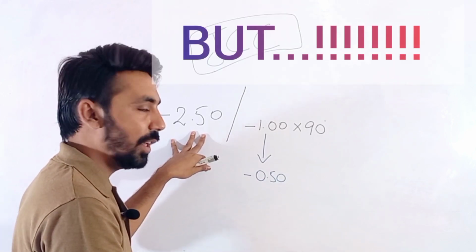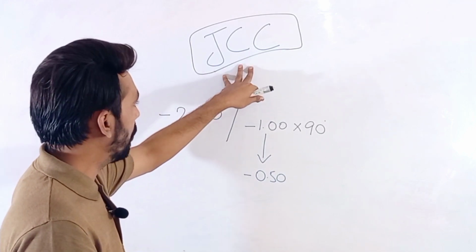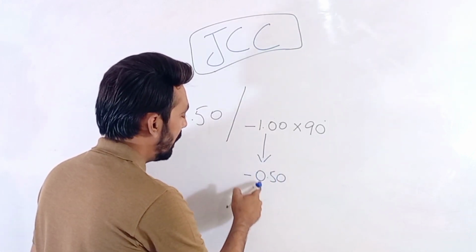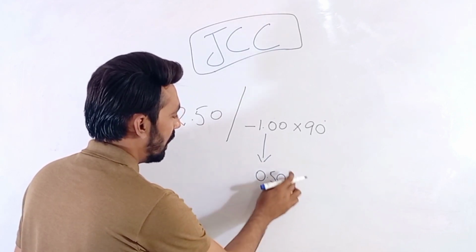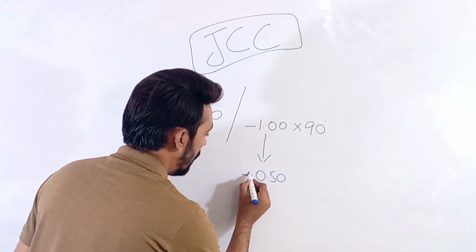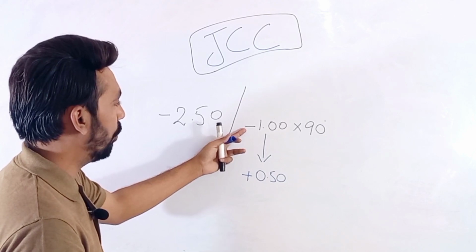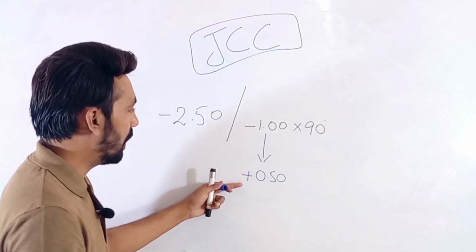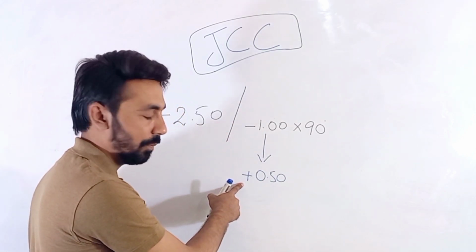But you have to keep in mind that when performing the spherical equivalent in Jackson cross cylinder, you will add half of the cylinder to the spherical correction, but you will move with the opposite sign. If your real cylinder is in minus, then you will change the half of the cylinder to plus. If the real cylinder is with plus sign, you will change it to minus.